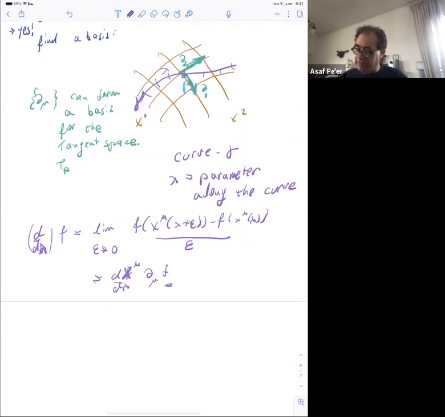Since this is true for any function f, I just wrote down that d over d lambda is just dx mu over d lambda times d mu.